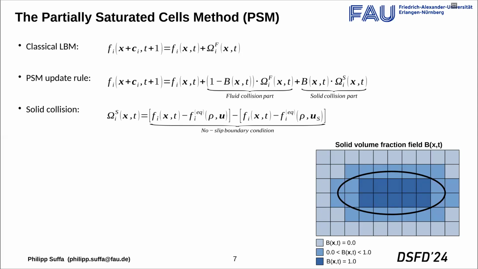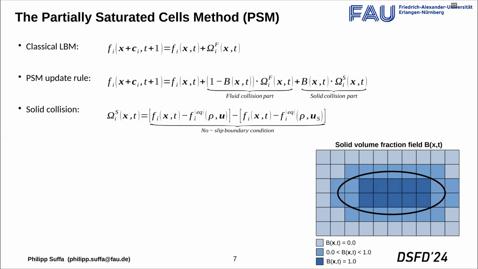Okay, if we look at the solid volume fraction field now, we have an example geometry of an ellipse here. Inside the ellipse, the cells which are fully covered by the geometry get the fraction value 1. And cells which are fully outside of the geometry get the value 0. And there are some interface cells which get a value between 0 and 1.